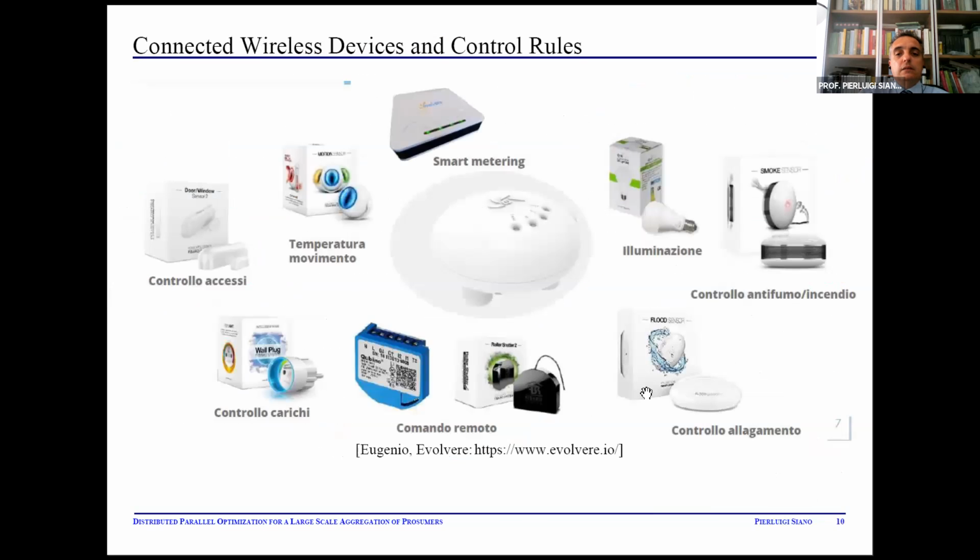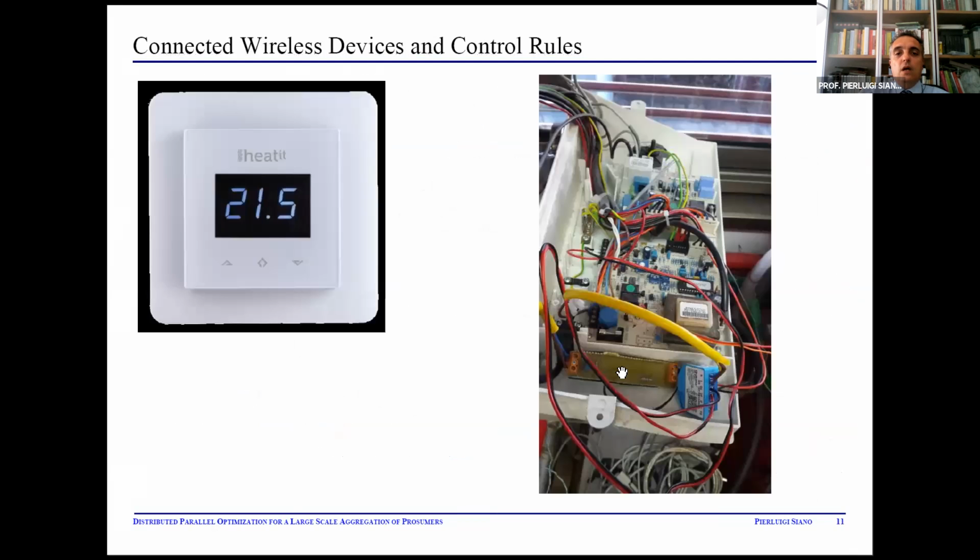Here, there are some smart devices that have been connected by means of wireless communication to the energy management system. Here in the center of this figure, these are all commercial devices that have been included in the system. Also, other devices can be connected by developing the required software. For example, we have implemented some rules for energy saving, considering a boiler by using a smart thermostat and a smart switch.